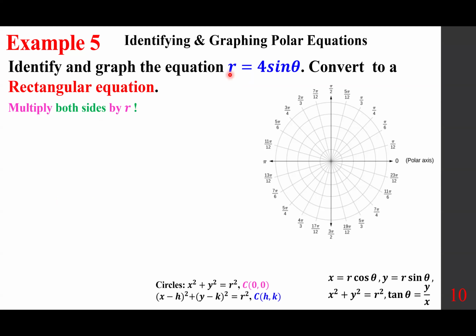When you have r on one side and on the other side something with sine or cosine, the trick is to multiply by r. So this becomes r squared, this becomes 4 r sine theta. Of course, r squared equals x squared plus y squared. 4 r sine theta is 4y.